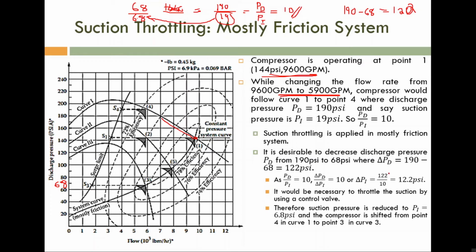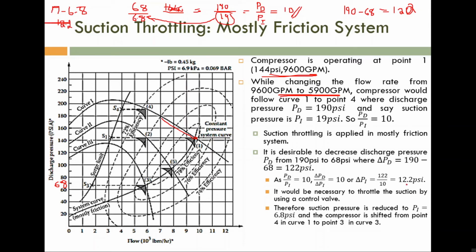Okay, so that one is mentioned here. The required suction pressure is 6.8. So how much pressure do we want to remove from the suction line? From 19, we want to reduce the suction pressure to 6.8. So 19 minus 6.8 means we want to remove 12.2 psi from the suction line.